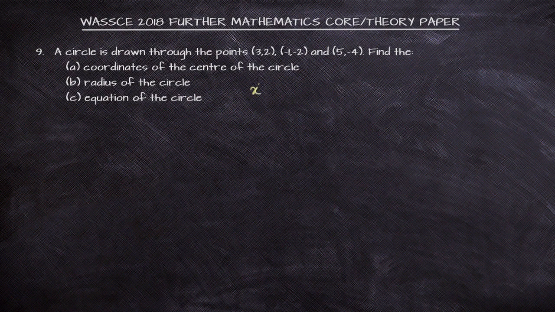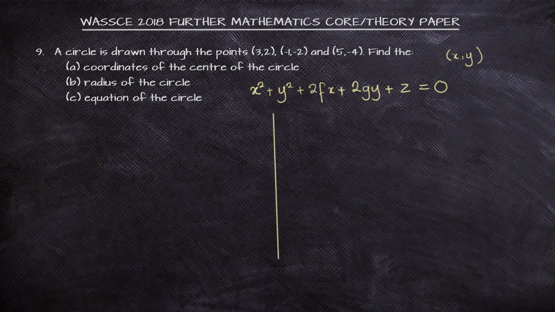x squared plus y squared plus 2fx plus 2gy plus z is equal to 0. Now, for this that we are given, we can take each of those points and substitute the value of x and y into this general equation of the circle, and that will give us some set of equations that we can try and solve.